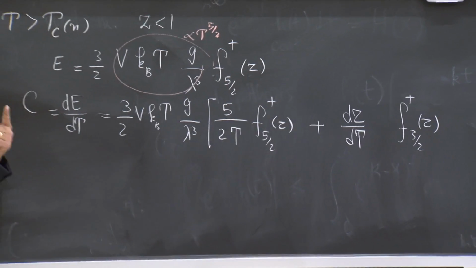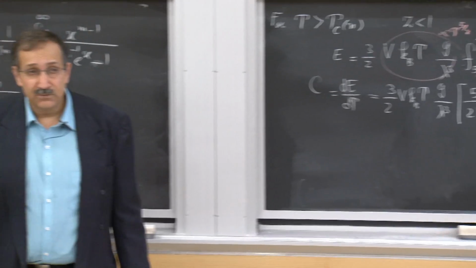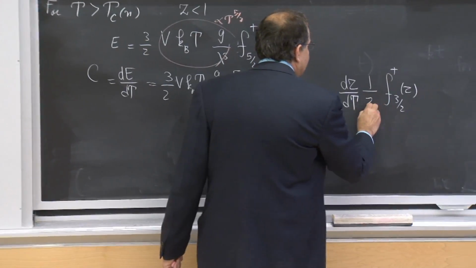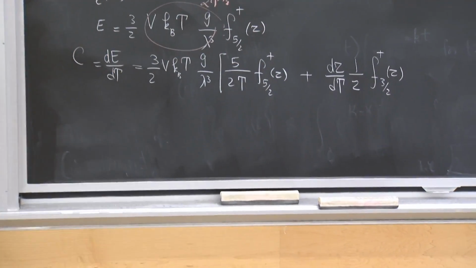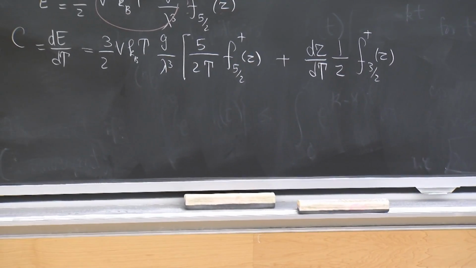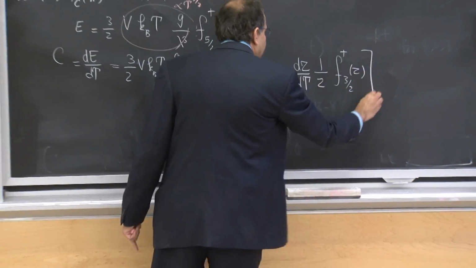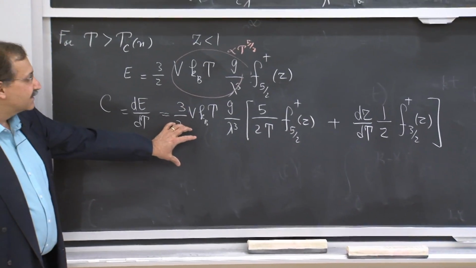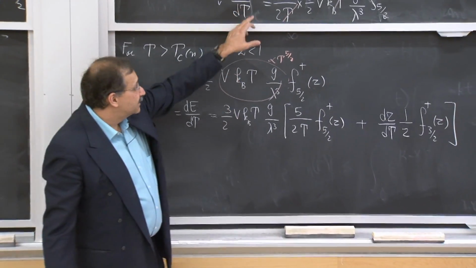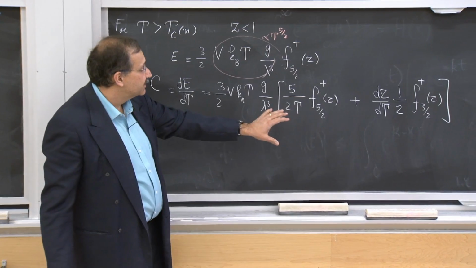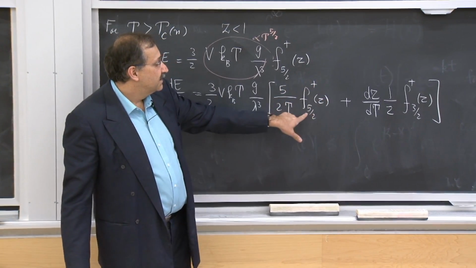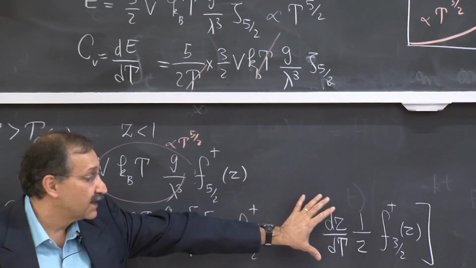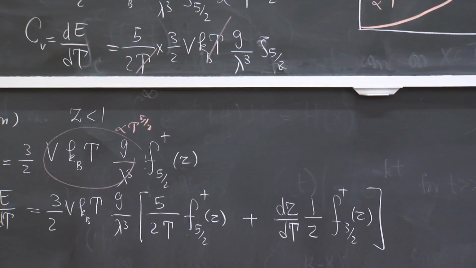But in order to have this ladder property, I had to do a z d by dz. And so I essentially need to restore this 1 over z here. So you can see that really the difference between what I had at low temperatures and high temperatures: at low temperatures, this was just a number that I was using over here, zeta 5/2, and I didn't have to bother about this other term.